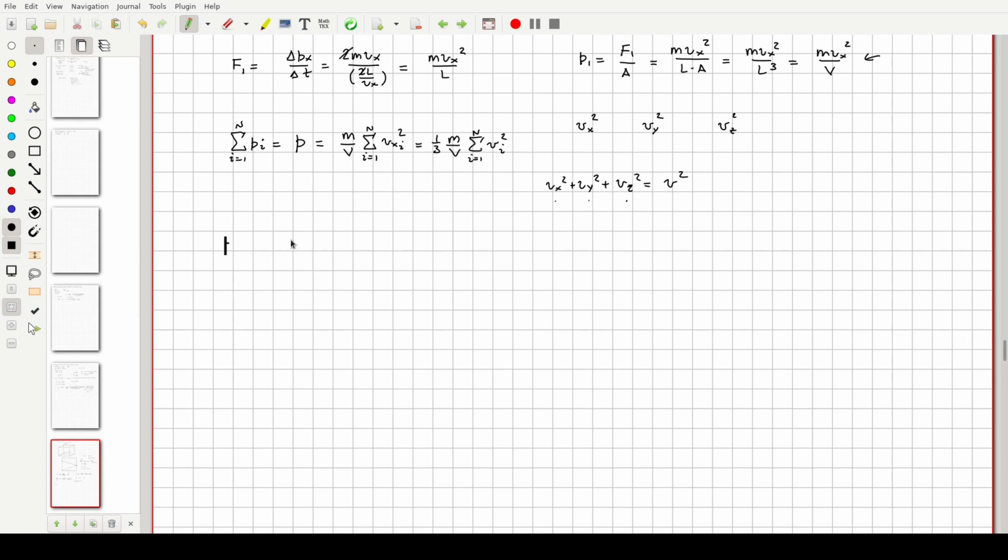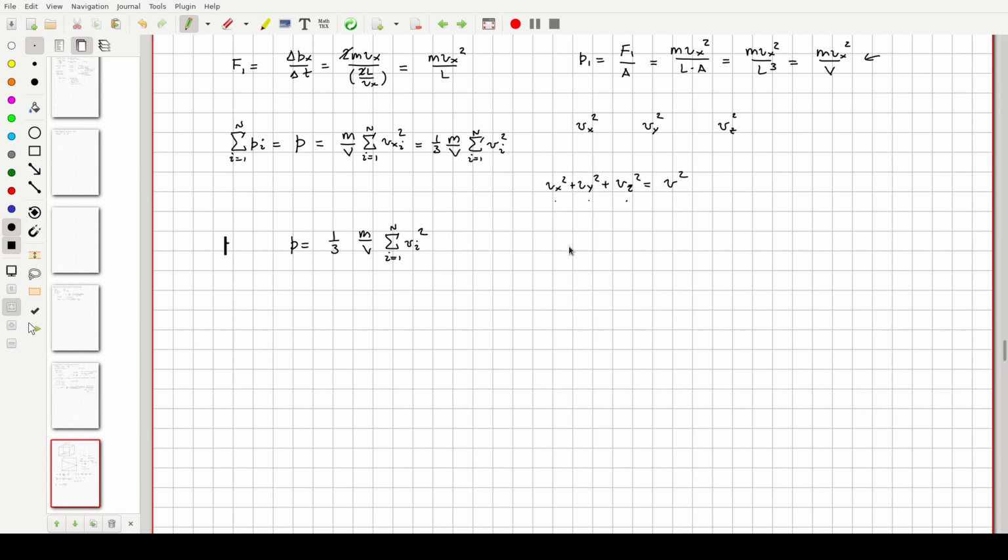Okay, so I have P is equal to 1/3 m over V times the sum from i equal to 1 to N of V sub i squared.